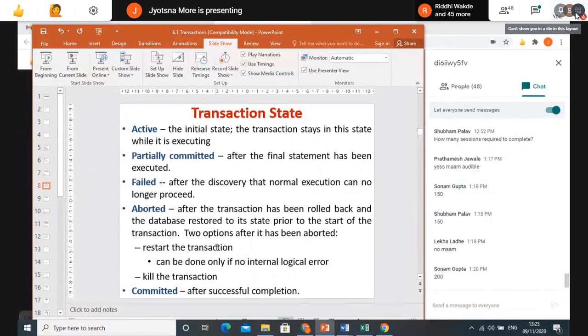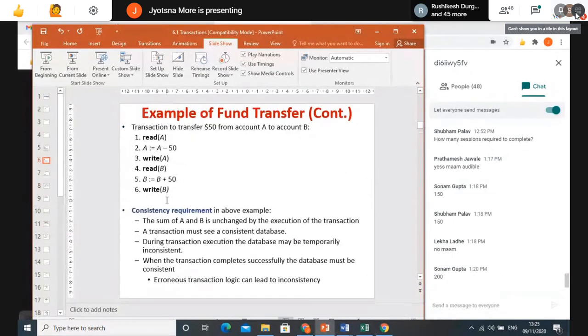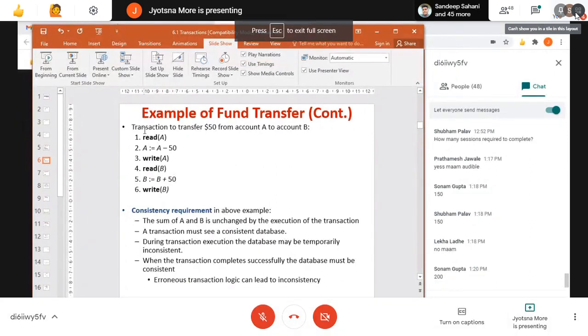Aborted means if I am facing any problem in any of the states, I will roll back every state and go back to the start of this transaction, whatever values were there previously. So that is known as aborted. I'm aborting all the transactions, so rollback. Commit means finally writing the value.